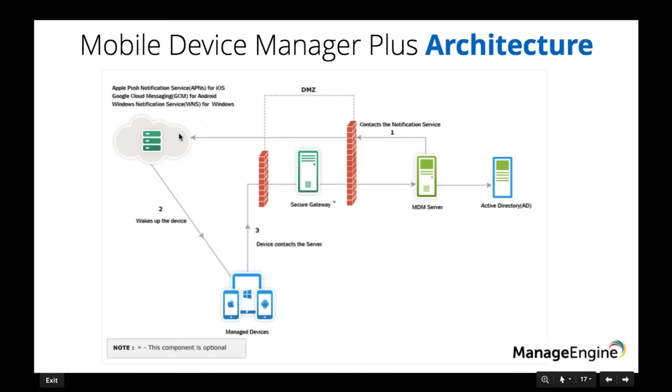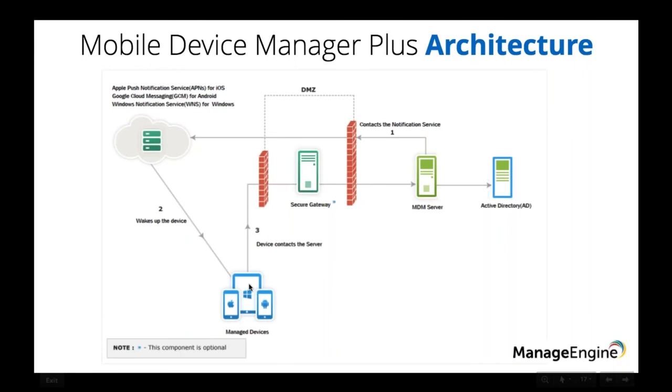Instead, it contacts the notification service, which in turn wakes up the device, after which the device interacts with the server. As you can also see, the notification services are platform dependent with Apple Push Notification Service or APNS for iOS, Google Cloud Messaging Service or GCM for Android, and Windows Notification Service or WNS for Windows.